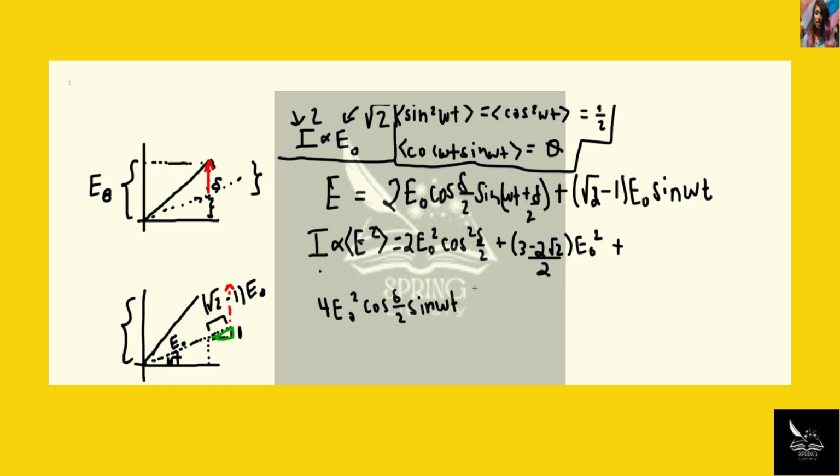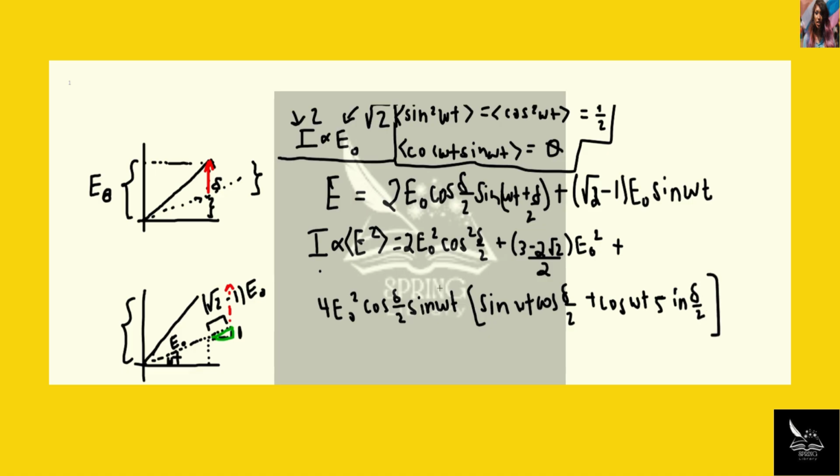And then I'm going to use the formula for adding angles to simplify this sine of omega t plus delta over 2. So it's sine omega t cosine delta over 2, I can't believe I still remember that formula, plus cosine omega t sine delta over 2.